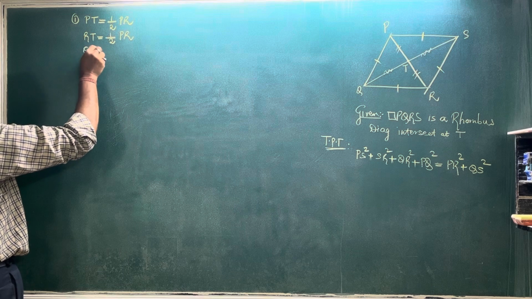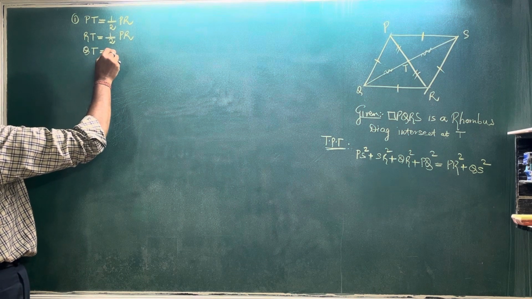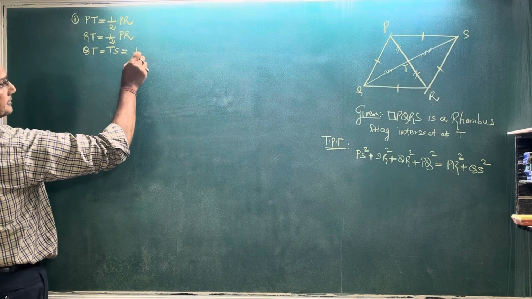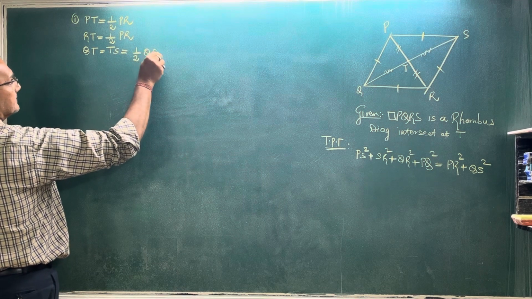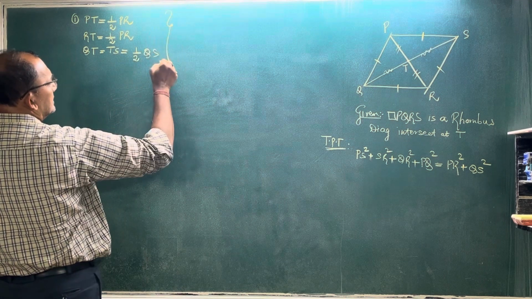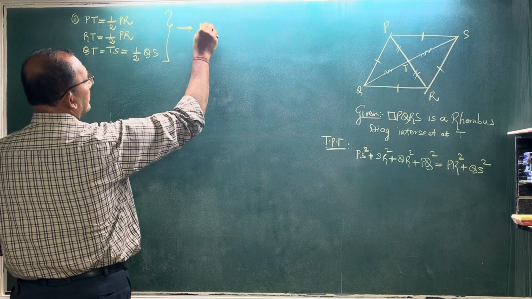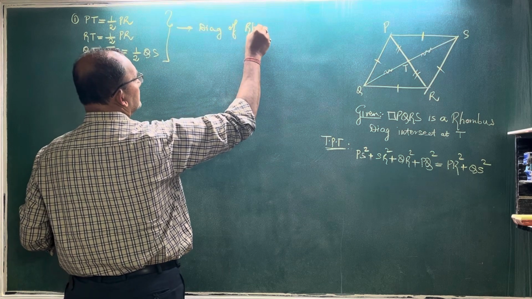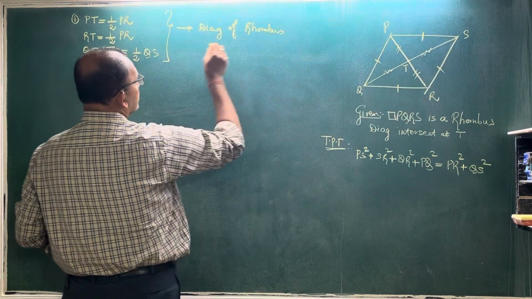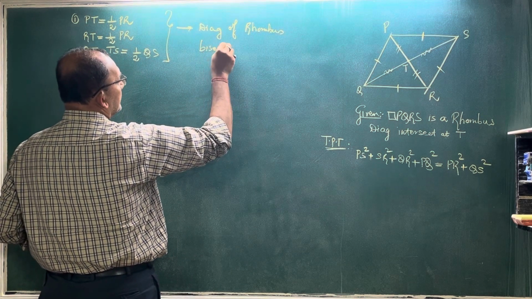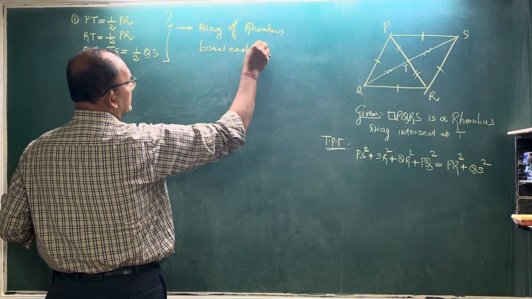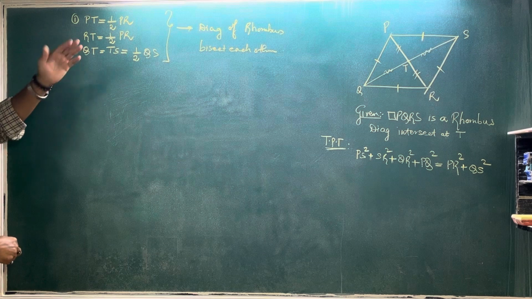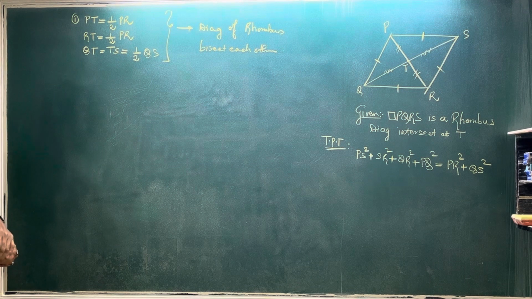QT is equal to TS is equal to half of QS. Reason for all this will be diagonals of rhombus bisect each other. Okay, these values I will use later on when I substitute.